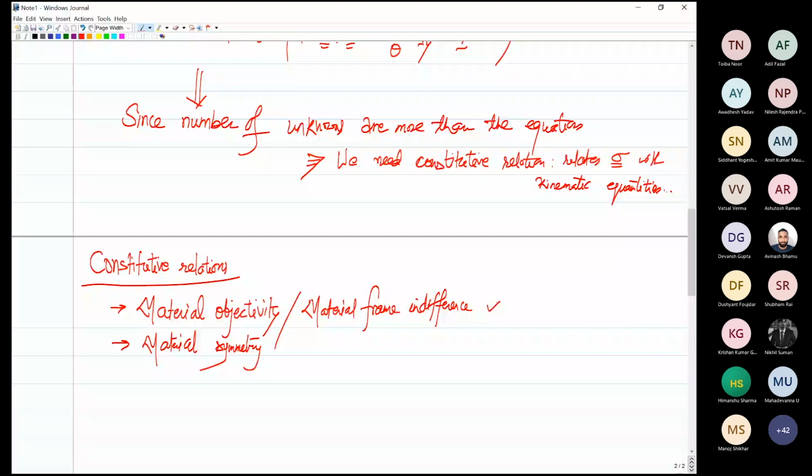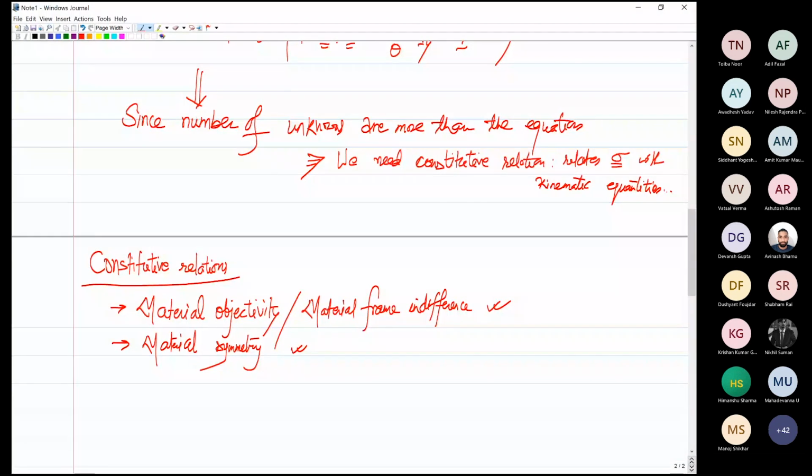So objectivity or symmetry, which we don't know what it is till now, will be used to put some restriction on how the constitutive relation should look. But it can't tell you exactly the formula. It can only give you some restriction.